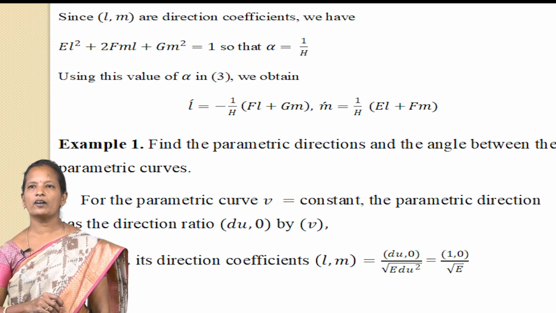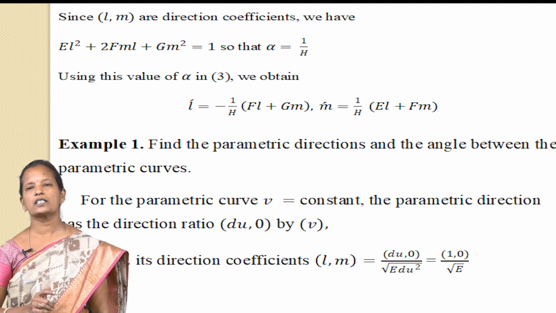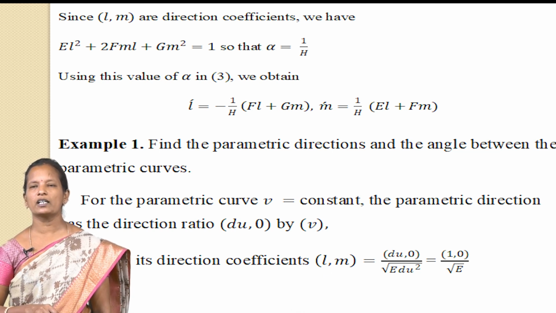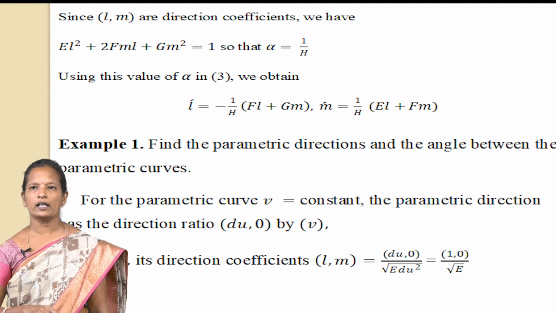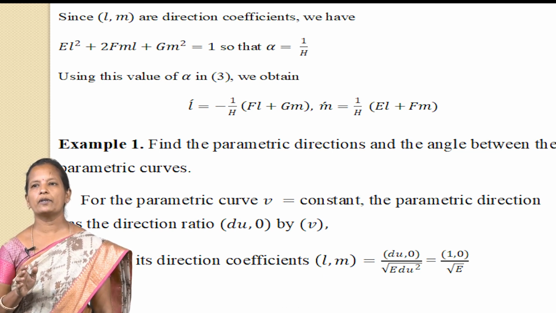Since L, M are the direction coefficients, we have EL squared plus 2FML plus GM squared is equal to 1, so that alpha is equal to 1 by H. Using this value of alpha in equation 3, we obtain L dash is equal to minus 1 by H (FL plus GM) and M dash is equal to 1 by H (EL plus FM).